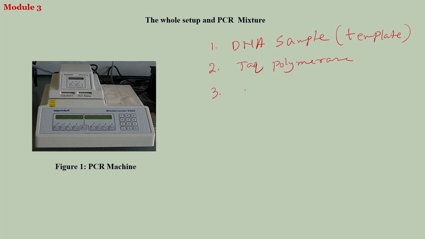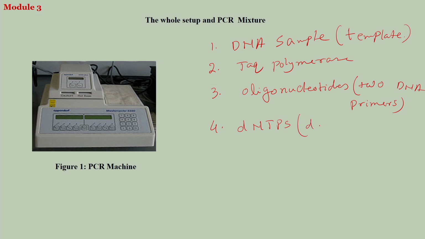Number three, you need the oligonucleotides, which we call primers, two DNA primers. Four, all the four dNTPs: dATP, dGTP, dCTP and dTTP. These are the four dNTPs you need.